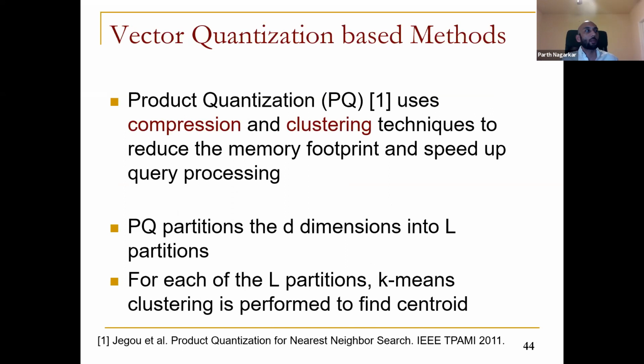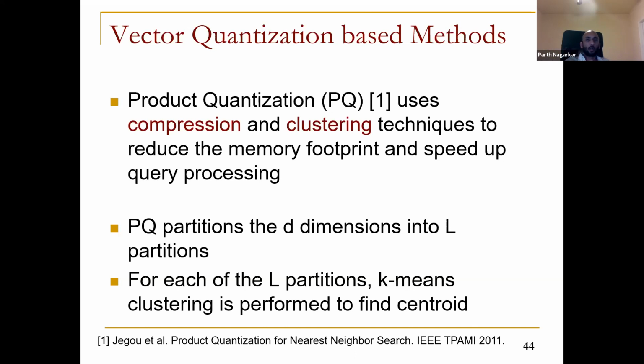One is called the vector quantization based methods, where product quantization and its successors use compression and clustering techniques to reduce the memory footprint and speed up the query processing. And again, the benefit of product quantization and OPQ and other methods is the index sizes are really small.